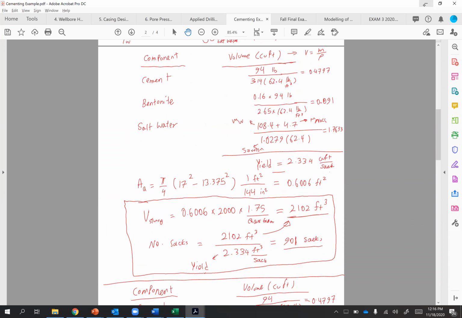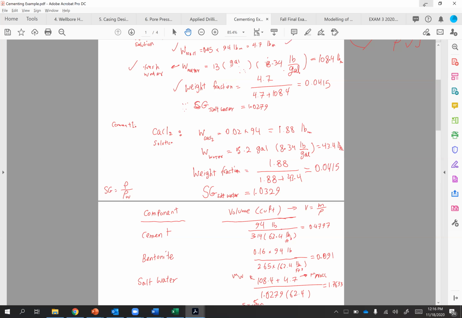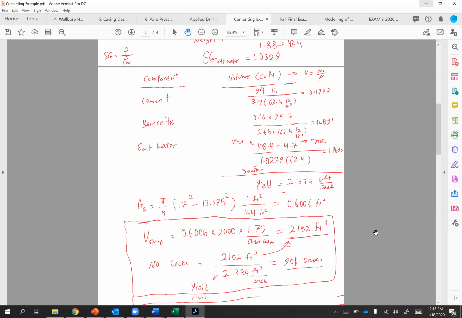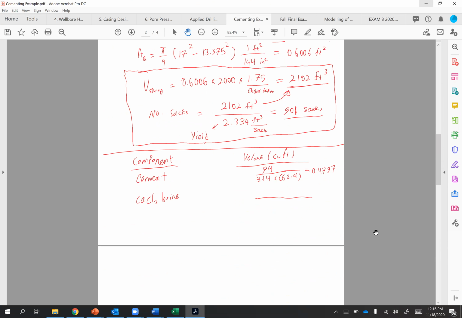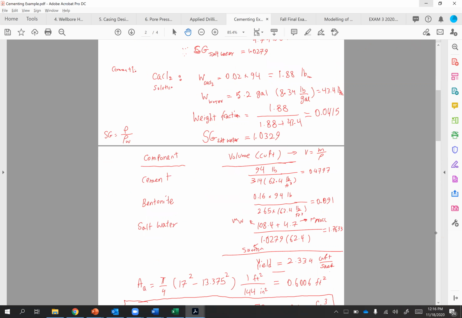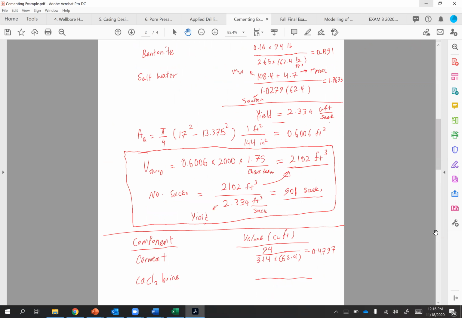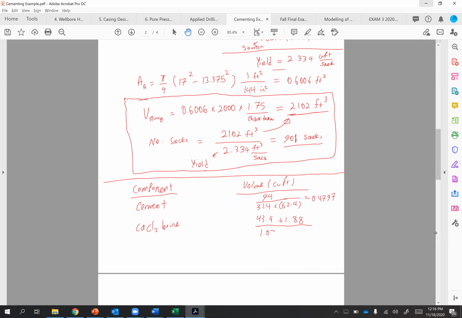So let's go up and see what mass we calculated for water. We calculated it to be 43.4, and we calculated the mass of the CaCl2 to be 1.88 pounds. So they are mixed together, and you add them to each other. That's 43.4 plus 1.88 divided by the specific gravity that we calculated, 1.0329 for that mixture, multiplied by the 62.4 again.